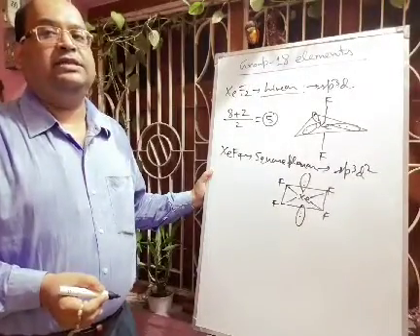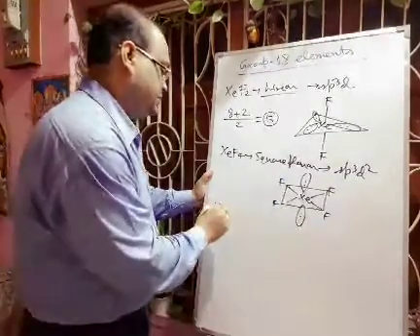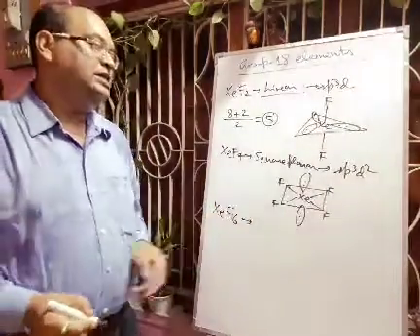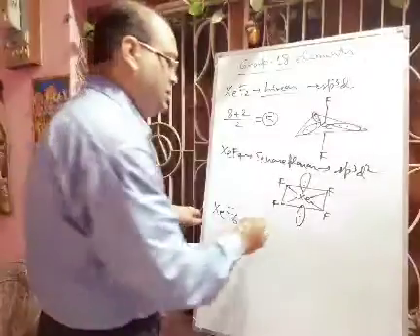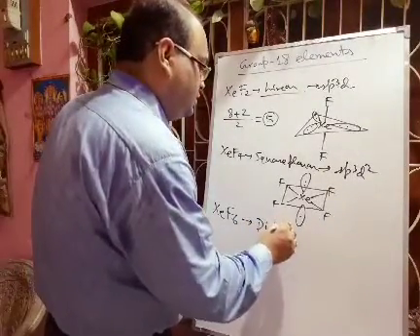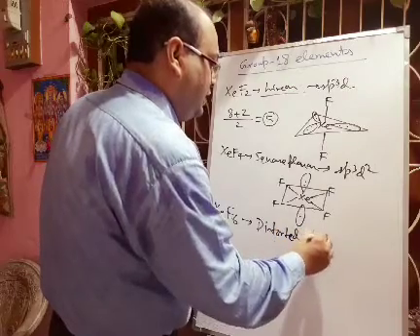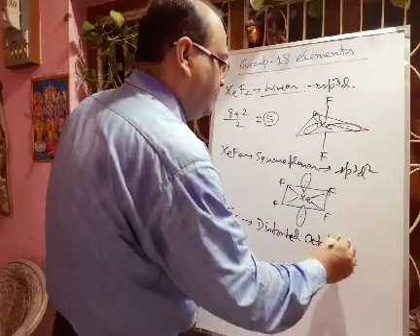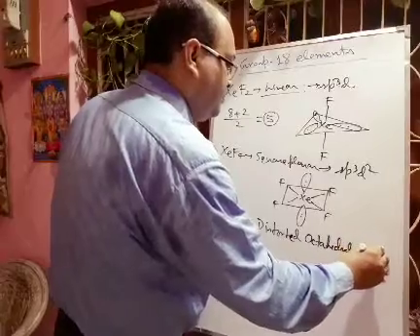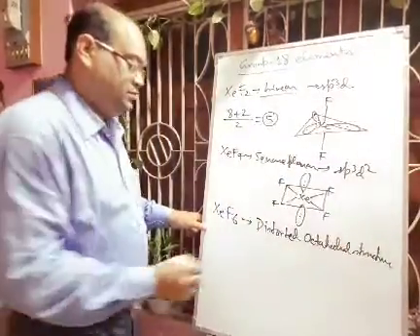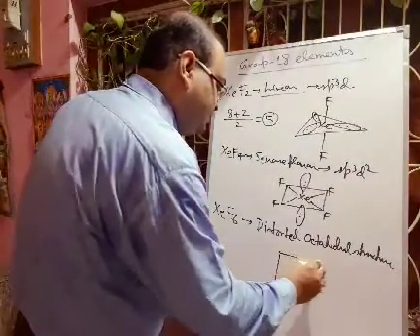Next we will go for xenon hexafluoride, XeF6. XeF6 actually has a distorted octahedral structure. Now the structure will be like this.